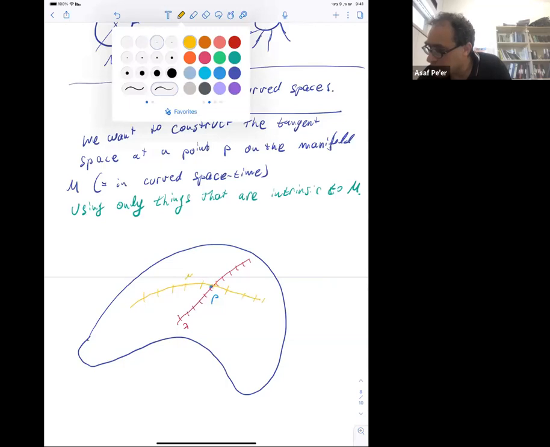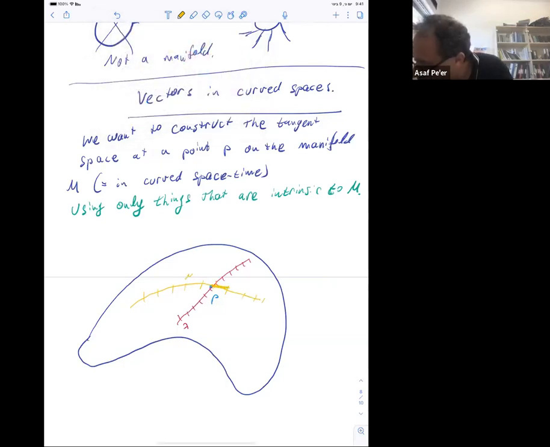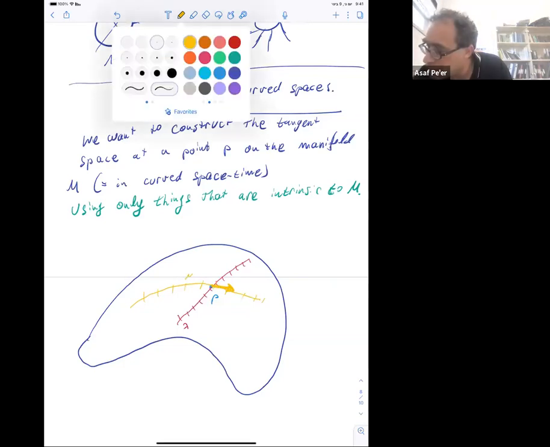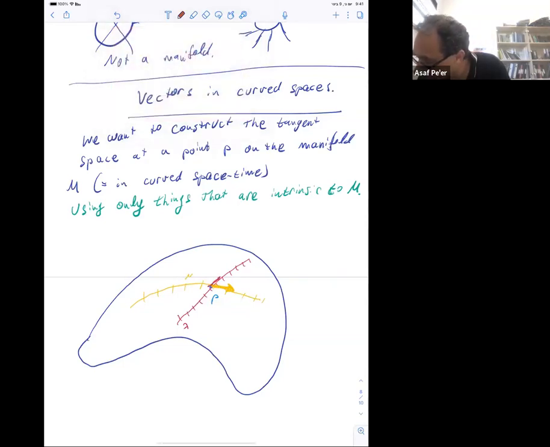So I have a vector here, and I can have another vector here, at that point P. Now, of course, I did that last time when we spoke of flat spaces, but I'm not doing it right now because I haven't defined the exact meaning of a tangent vector to a curve when we're speaking about curves on curved spaces, or in general manifolds.